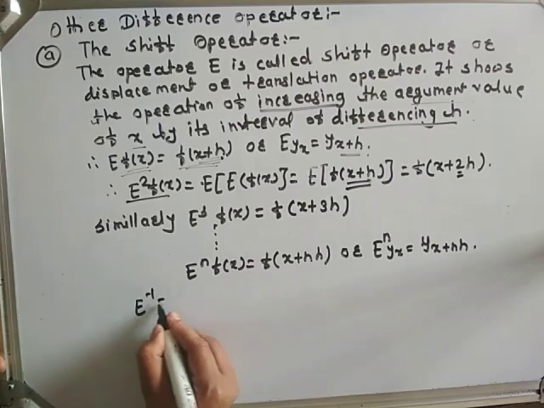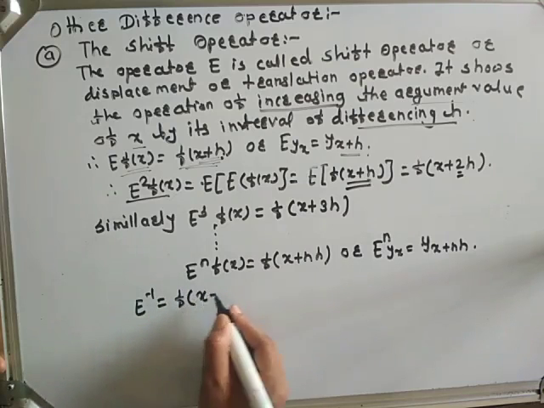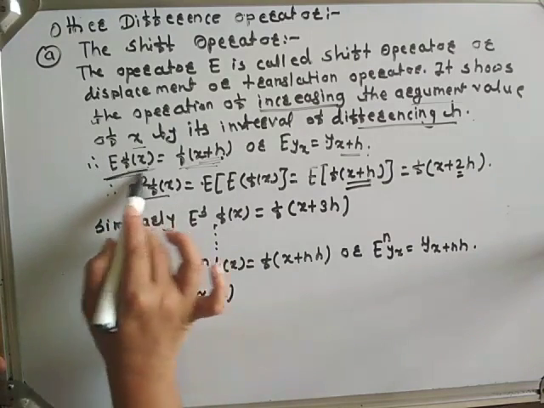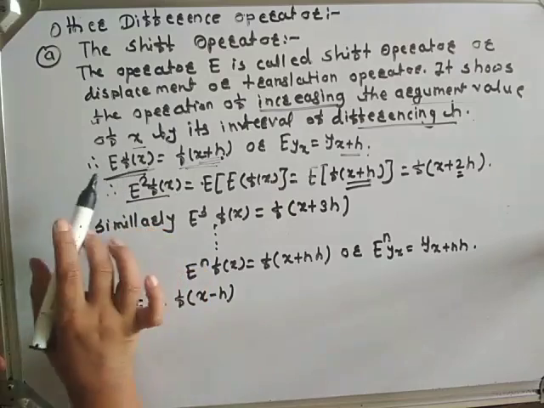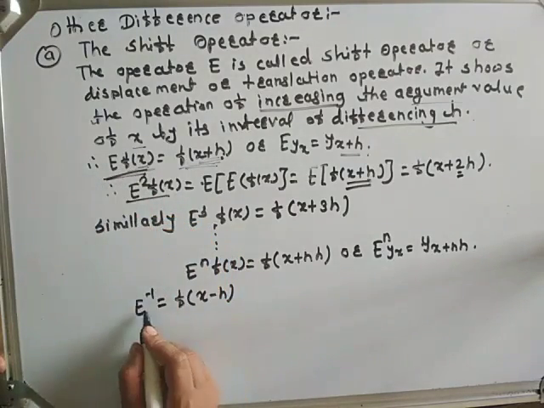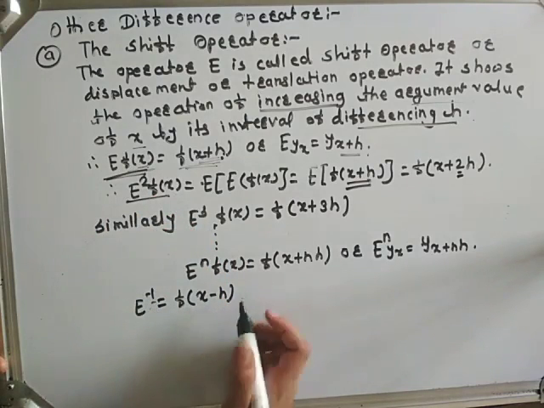Now E inverse of f of x is equal to f of x minus h. For E of f of x, we add h in x, and for the inverse we subtract h from x.